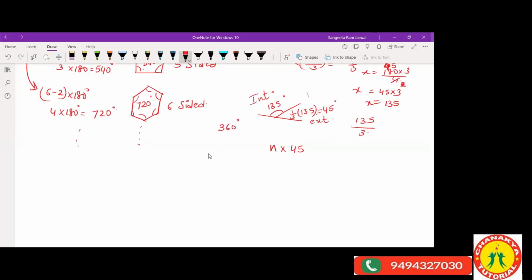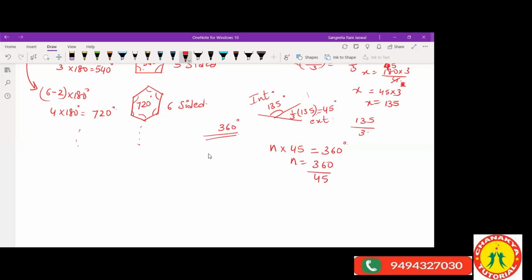This is the property we know. So exterior angle into the number of sides is 360. According to that property, n will be 360/45.